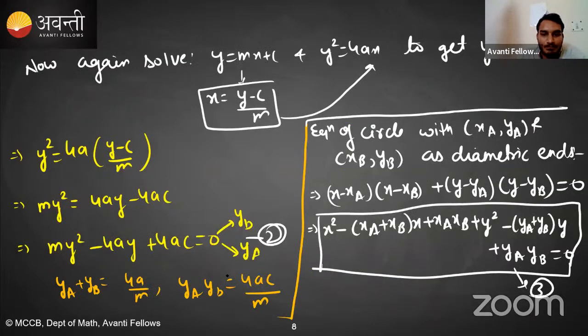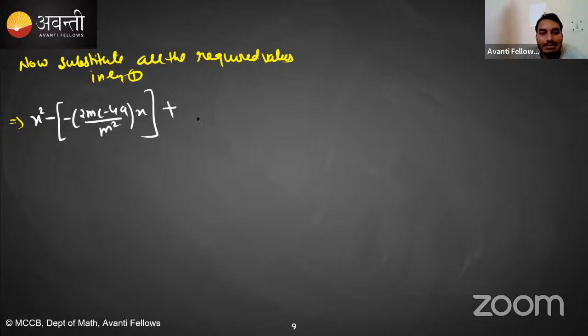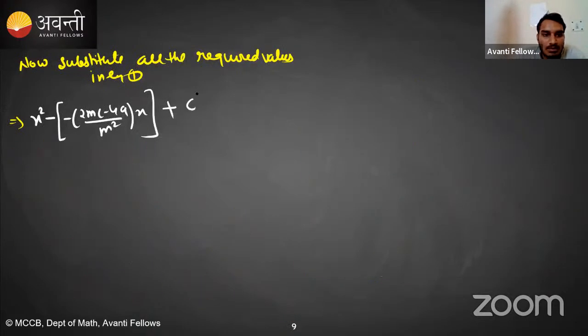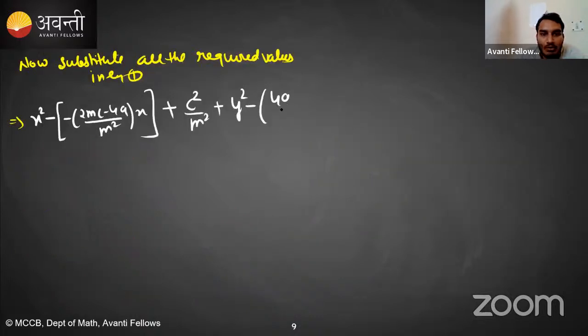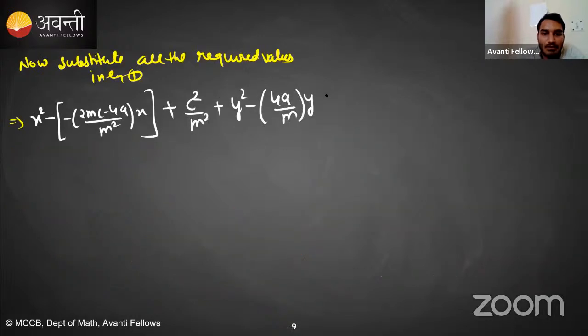So minus times minus of 2mc minus 4a upon m square into x plus xa into xb. What is xa into xb? C square upon m square, plus c square upon m square. Similarly, plus y square minus what is ya plus yb? 4a upon m. 4a upon m into y plus ya yb. Ya yb is 4ac upon m plus 4ac upon m is equal to 0.